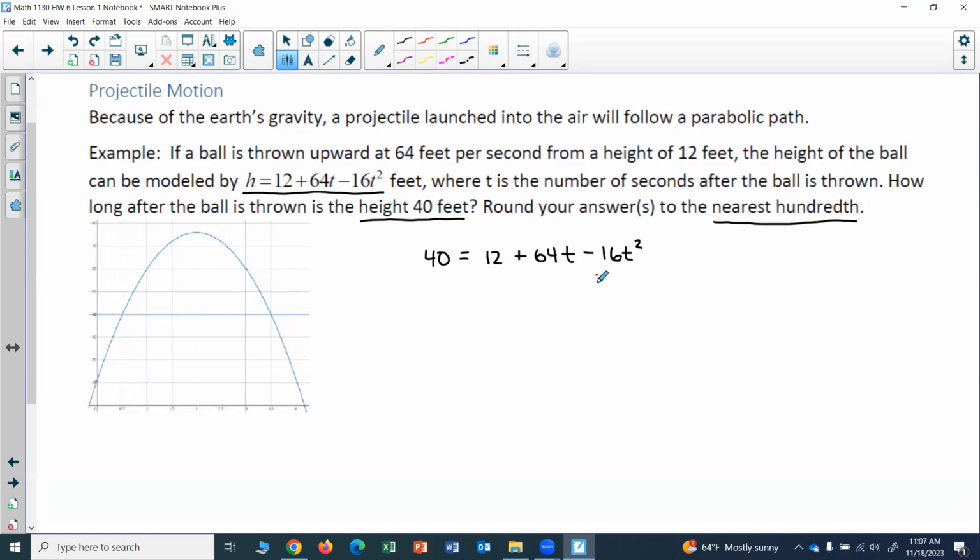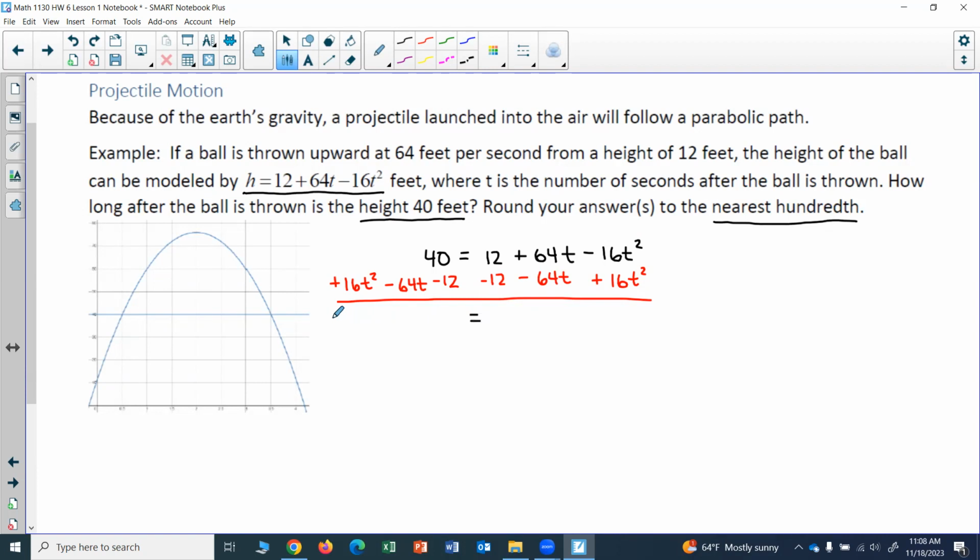So I will add 16t squared to both sides. I will subtract 64t from both sides. And I will subtract 12 from both sides. So lining everything up, I'll have my equal sign in the same spot.